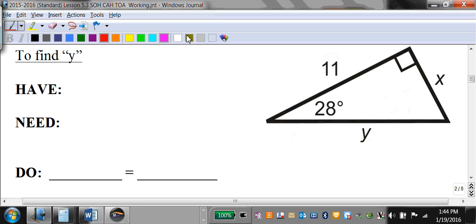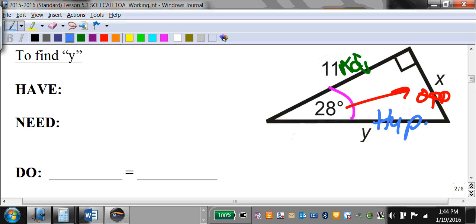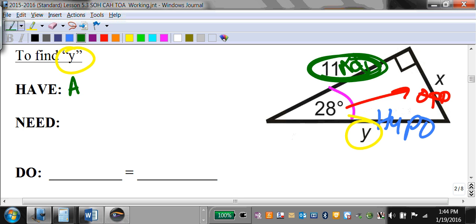Step number 1, sweep the 28, label. This time, we're trying to solve for y, so circle y. Okay. We have the adjacent.